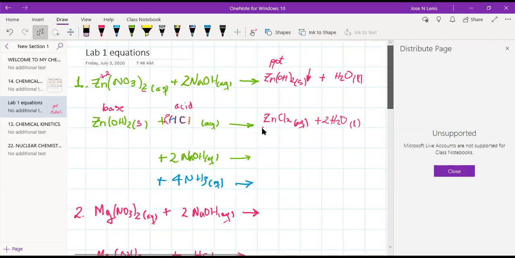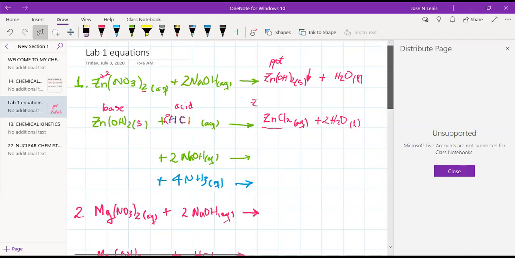All right. This is the soluble chloride. That's why you see the solid disappears. It's gone once you add the acid, because it forms a soluble zinc 2 chloride.